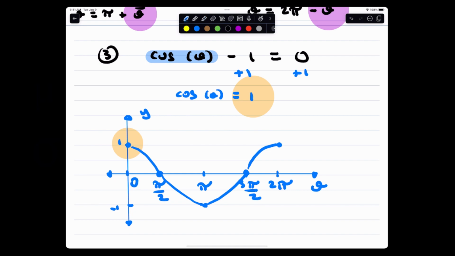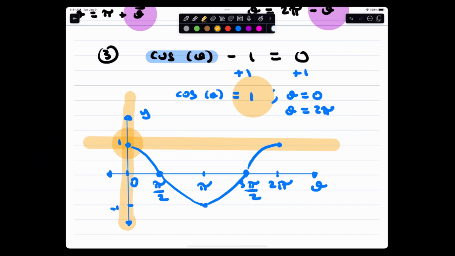Remember, this is 0. So that happens when theta equals 0 degrees or 0 radians. That also happens when theta equals 2 pi. How do we know? Because it's right here: theta is 0, and theta is 2 pi.